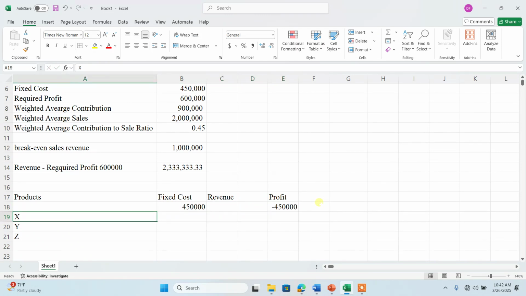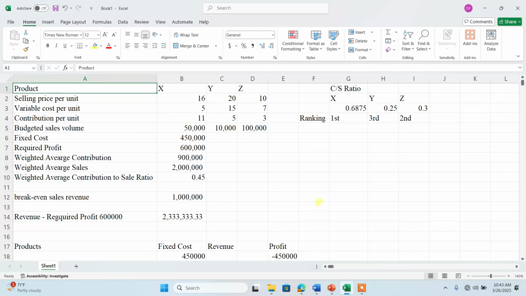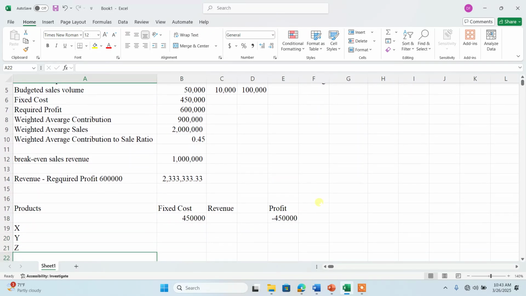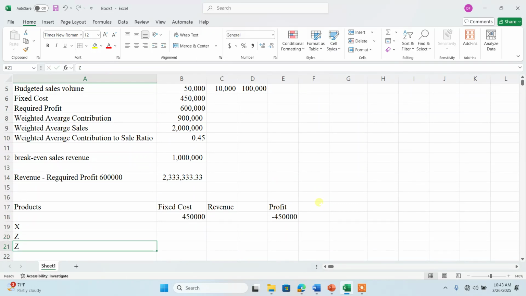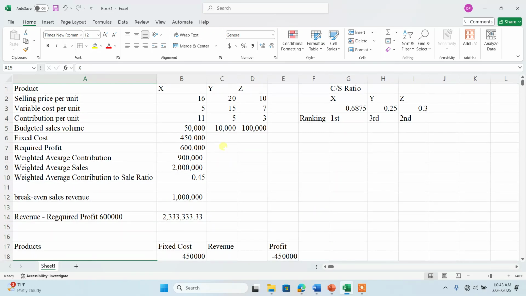No matter, my first priority is X, second is Z, and third is Y. If I sold all of the X units, I can do it like this: sale price multiplied by the 50,000, and then minus the 50,000 with variable cost.